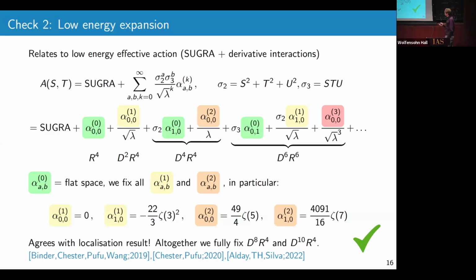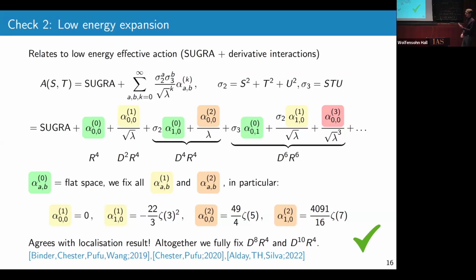By writing out some terms of the expansion, we can identify the corresponding interactions in the low energy effective action. And the alpha zeros are the coefficients that are fixed from the flat space amplitude, and we managed to fix all the alpha 1s and all the alpha 2s. Of these, 4 were previously computed by supersymmetric localization, and we get exactly the same ones.